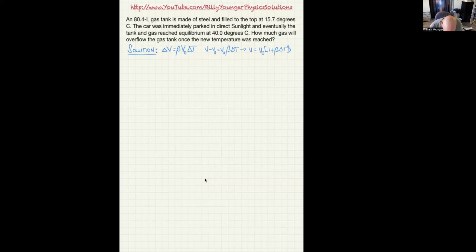The other thing we'll need to know is that when the car starts to heat up, the gas in the car is going to get hotter, as well as the gas tank itself. In this problem's example, it increases to 40.0 degrees Celsius.